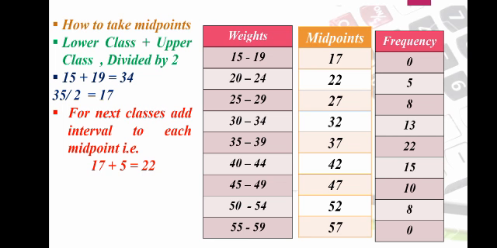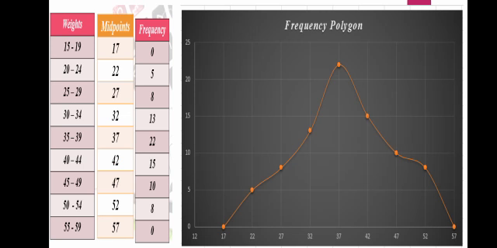Now for making the frequency polygon, midpoints will be placed on the x-axis and frequency on the y-axis. The midpoints start from 17, then 22, 27, 32, 37, 42, 47, 52, 57. Now along with these, the corresponding frequencies will be plotted on the graph. 17 has frequency 0, so it will be placed on the x-axis.